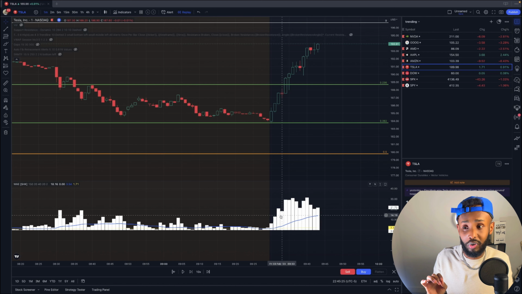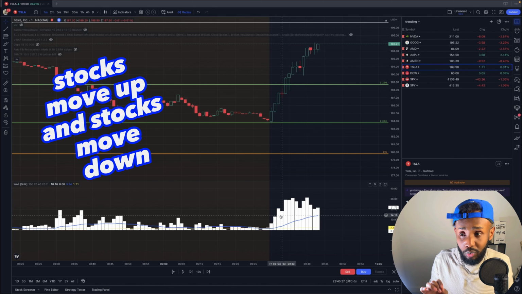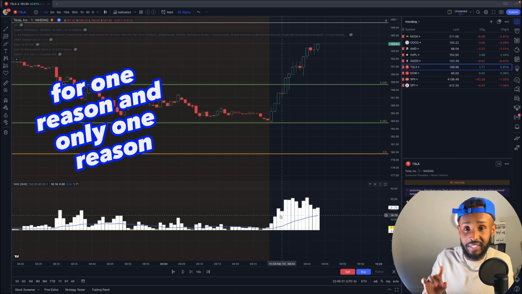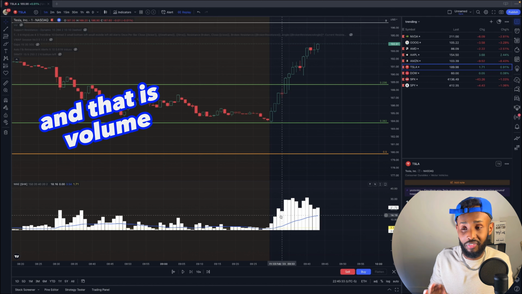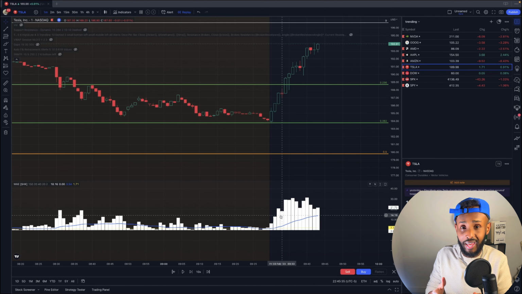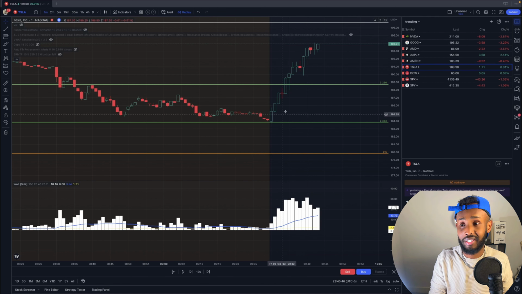And guys, remember, stocks move up and stocks move down for one reason and only one reason, and that is volume. Either buyers have stepped in or sellers have stepped in. That is the only way stocks move. A stock cannot move up if buyers don't step in. A stock cannot move down if sellers don't step in, and that will be shown in the volume.